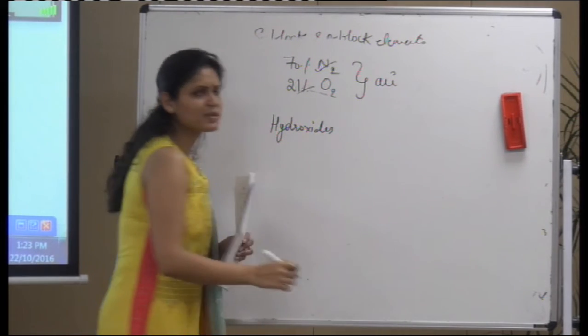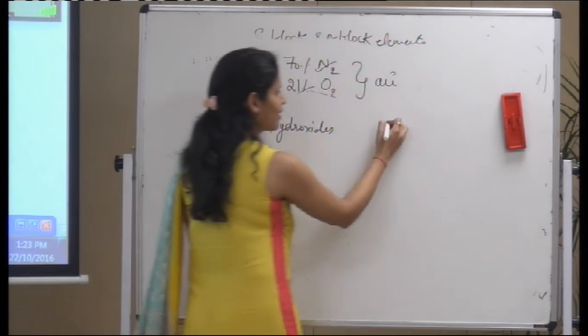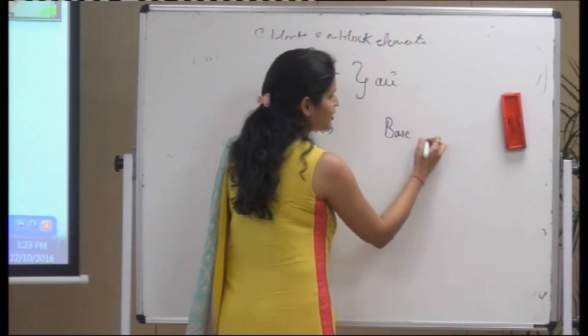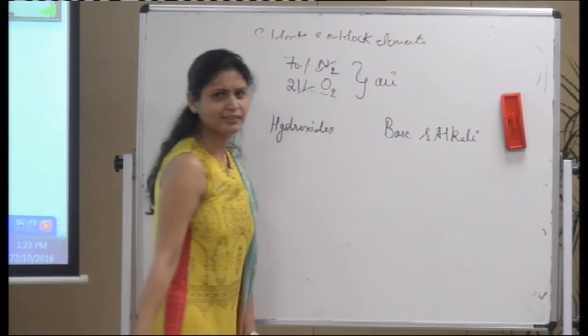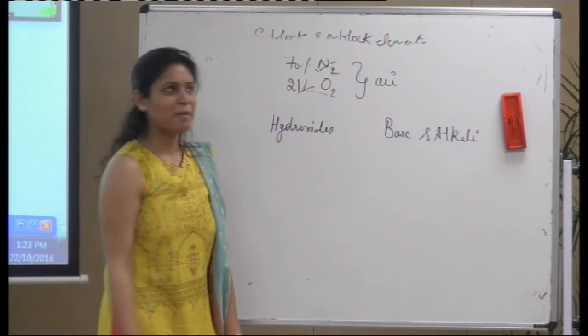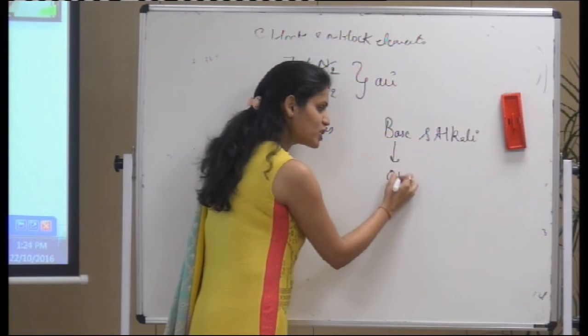What is the difference between a base and an alkali? I am sure you must be knowing both the terms. A base is something which dissolves in water to give OH minus ions.